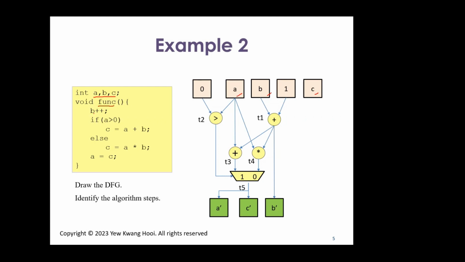So what happened in the first row of the func function? We increase the value by 1. Let's look at variable B. We will increase it by 1. You see that? We add it with 1.